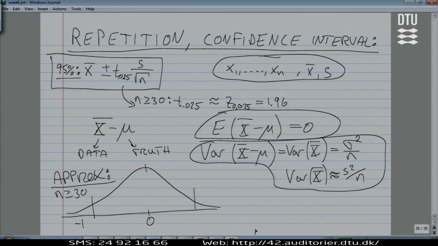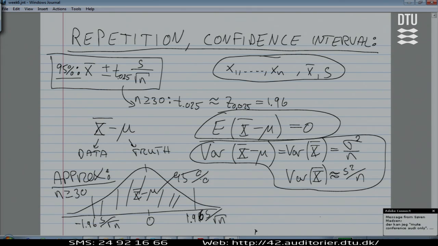So if we go 2 standard deviations on each side of 0, that's what we have seen from the standard normal or the t. 1.96, sorry. Then I have the area in which this one will be in 95% of the time, right?